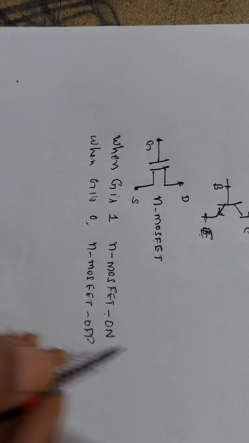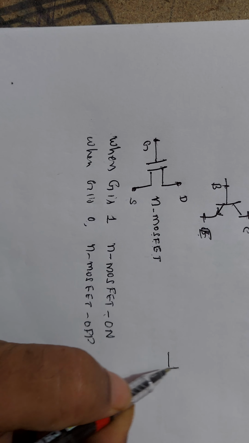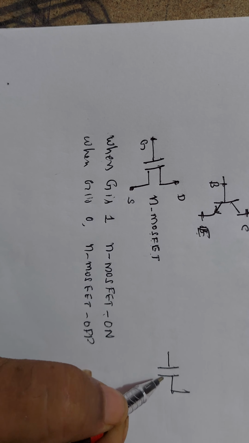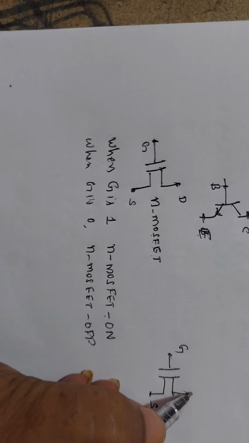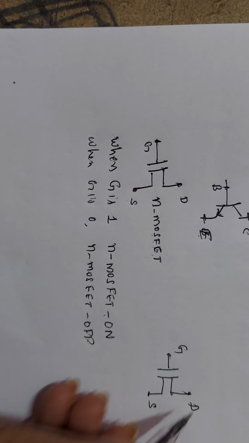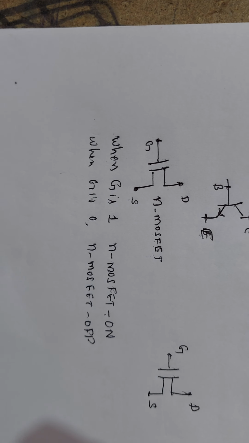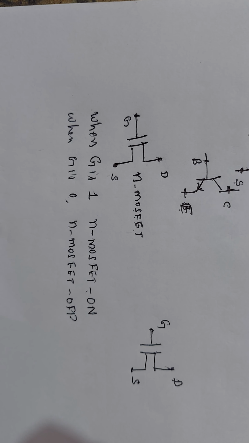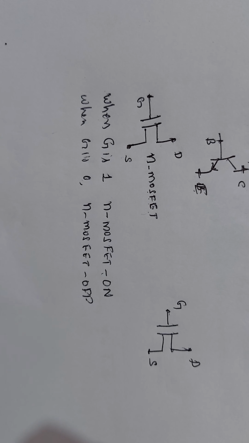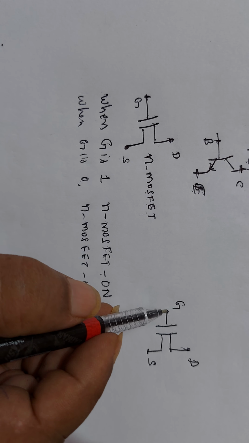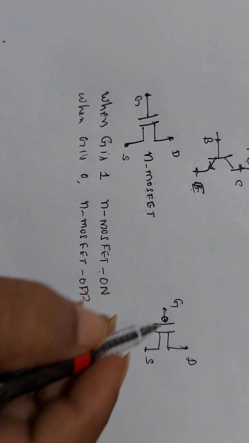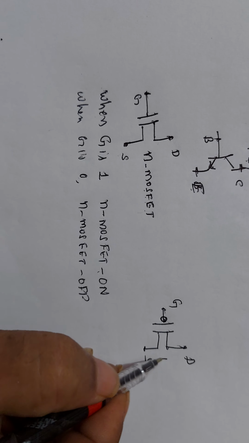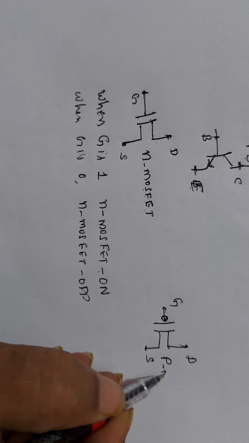This is N-channel. I will write the symbol of P-channel here. Same, source terminal, gate terminal, and drain terminal. Okay. Now here, write 0 at the gate. So this represents P-channel MOSFET.